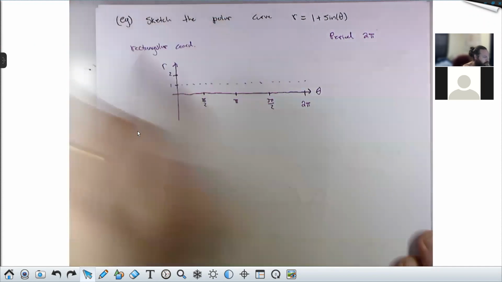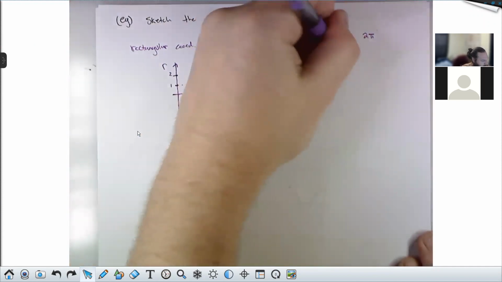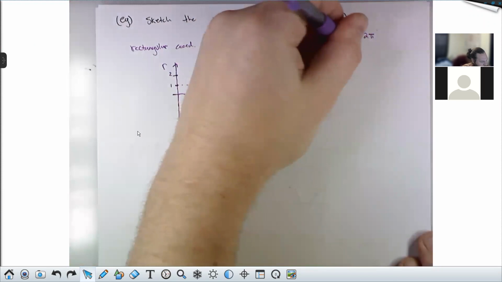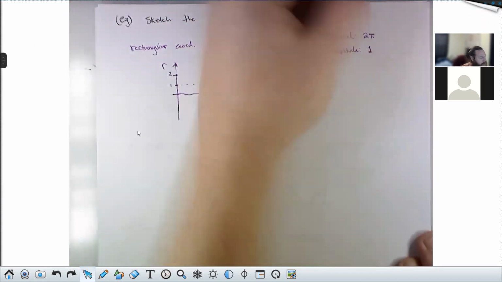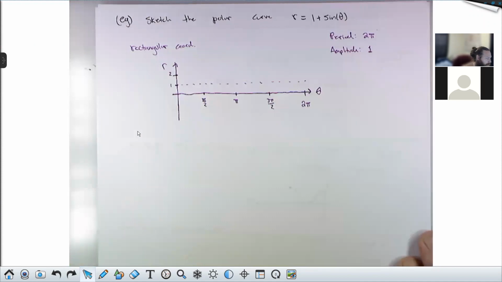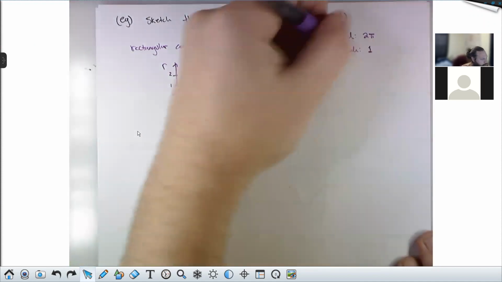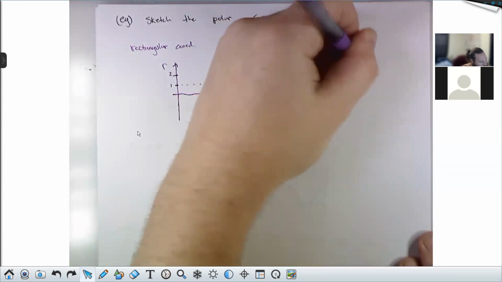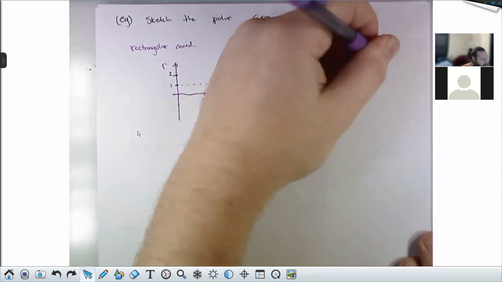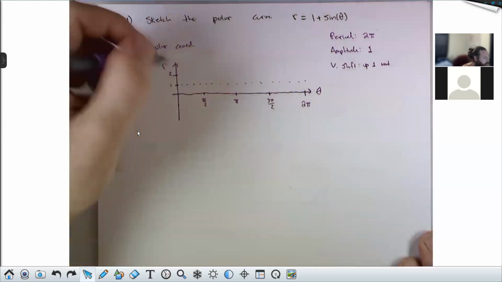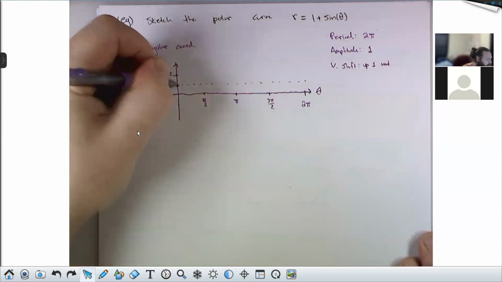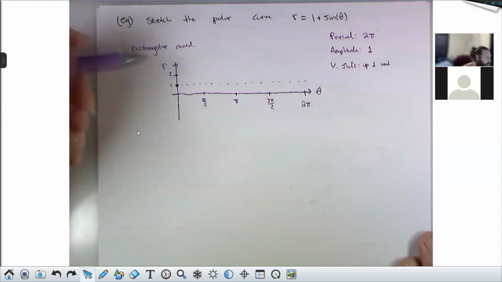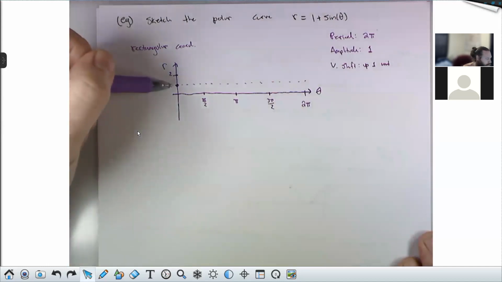So the amplitude for this, that's the number in front of the sine or cosine, is going to be 1. The period is 2 pi, and it's been shifted up by 1, so there's a vertical shift up by 1 unit. That means sine is going to start out here at the middle of its range.